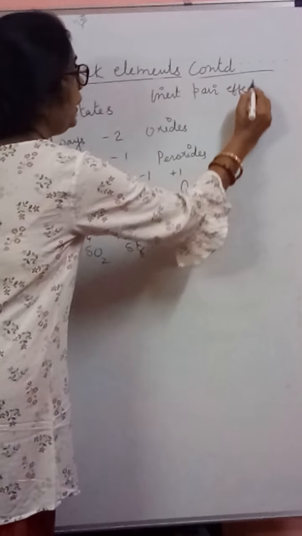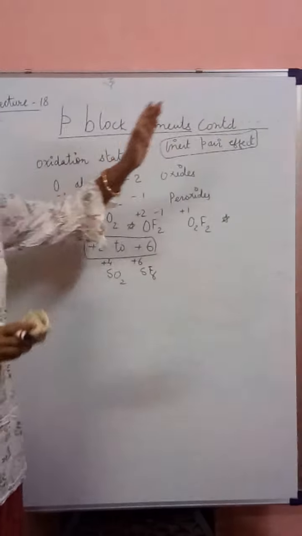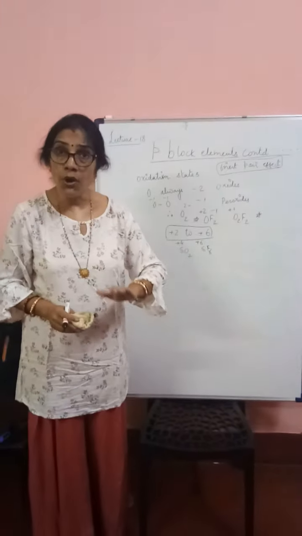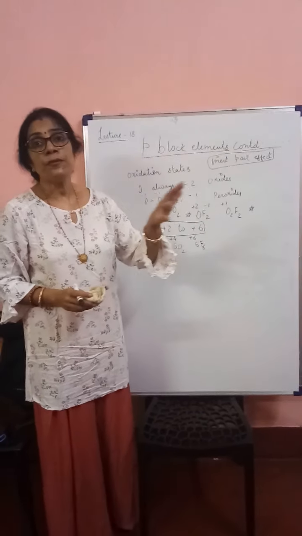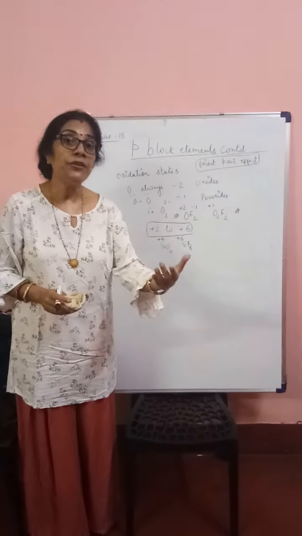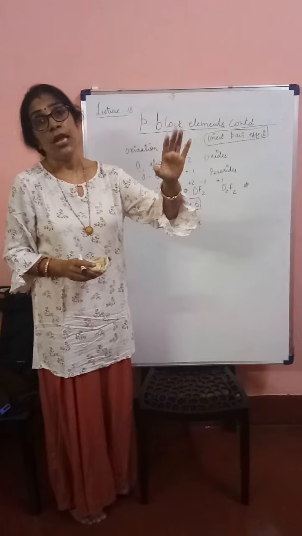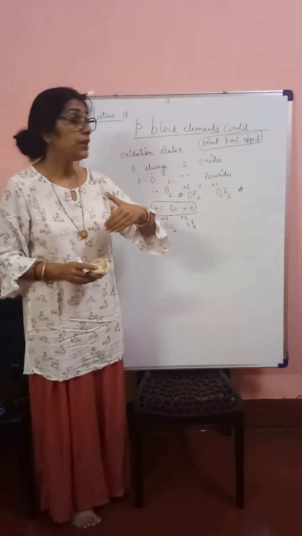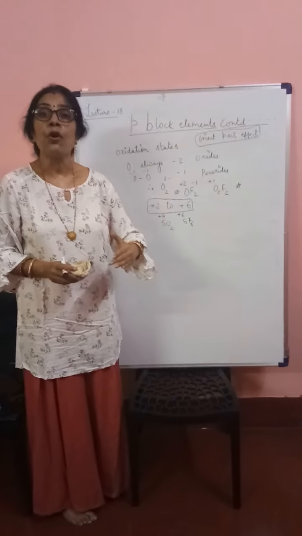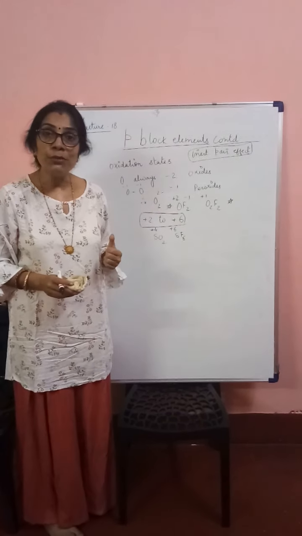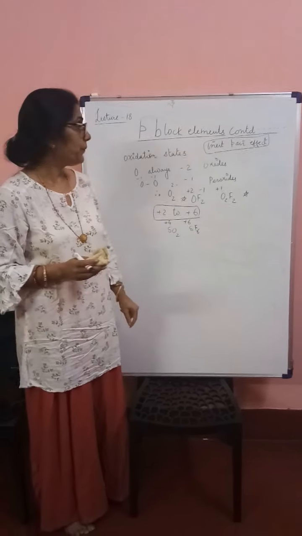And inert pair effect, I hope everybody remembers, is the reluctance of s electrons to take part in chemical combination because of stability, and greater penetration of s electrons. And when we go down the group, what happens? Inert pair effect increases, or lower oxidation state becomes more common due to increase in atomic size, so that their bond enthalpy decreases.